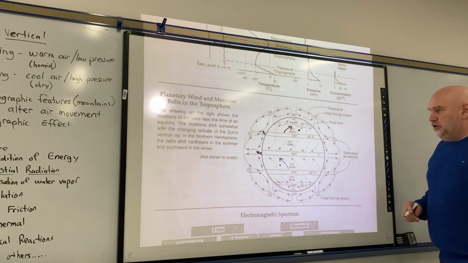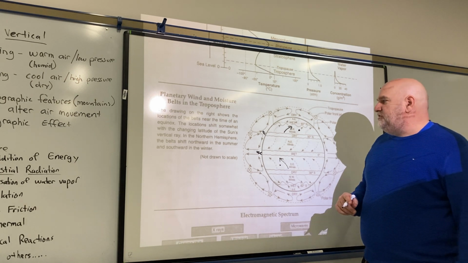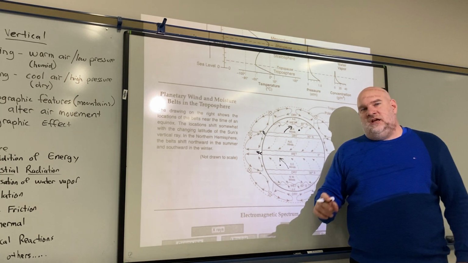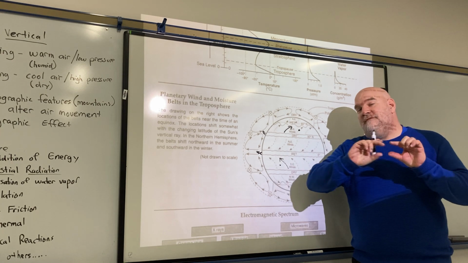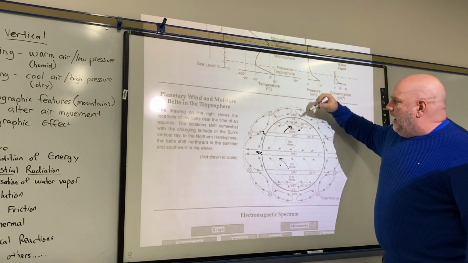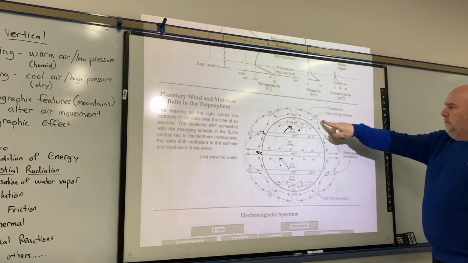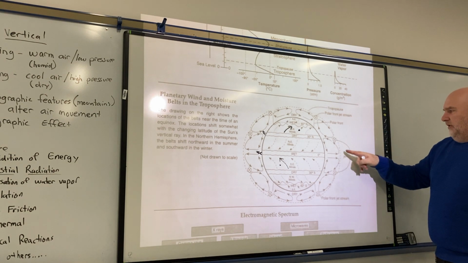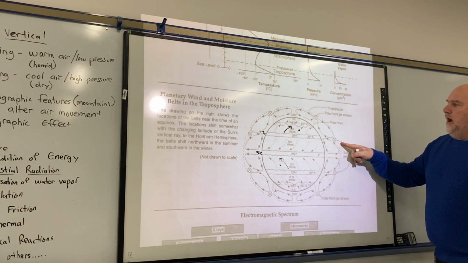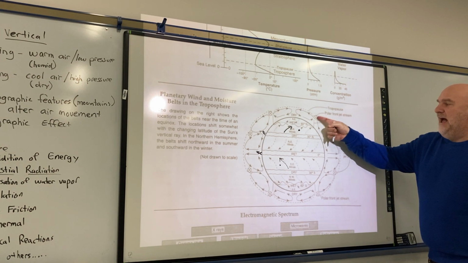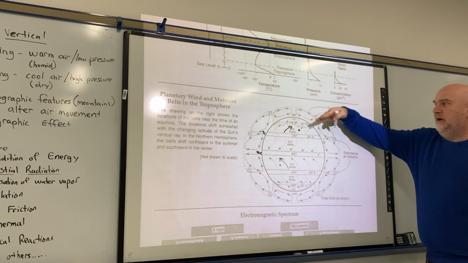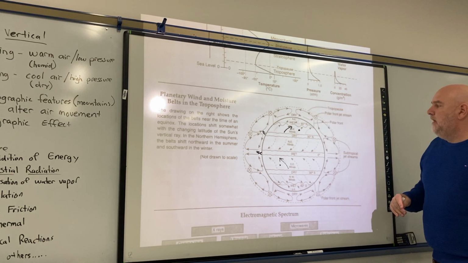What this also shows you is the location of the jet streams. So a jet stream is like a band of really fast moving air. So here's the polar front jet stream, and here's the subtropical jet stream. So it's a really fast moving band of air that a lot of times separates the colder air from the warmer air.